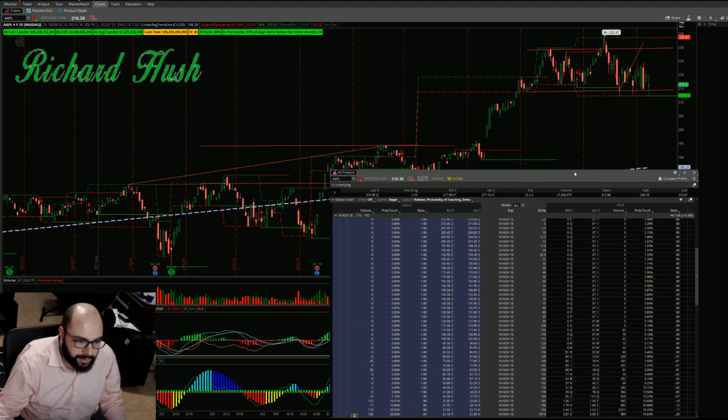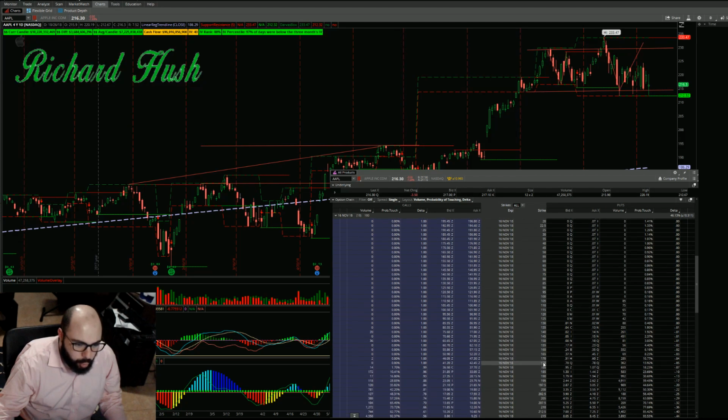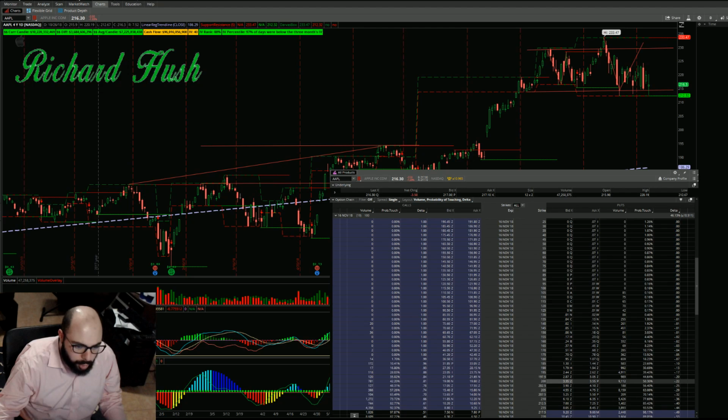I'm looking to take advantage of a move down, and I don't want to have to worry about whether the move that I am looking for is happening. I would rather take a contract that is more fitting for me. When I look at these November 16 contracts, if I think there's going to be a big move down, I would be looking at the November 16 200 puts, or even the 190 puts.